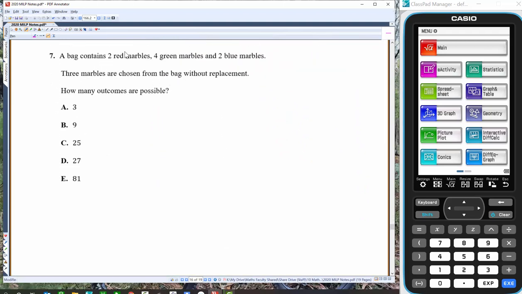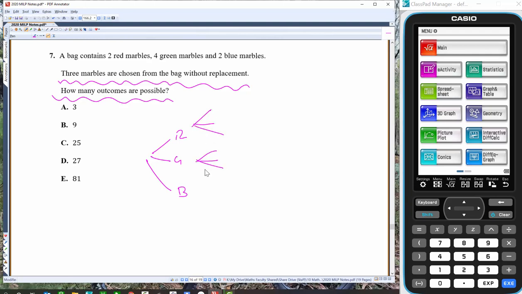Bag contains 2 red marbles, 4 green marbles, and 2 blue marbles. 3 marbles are chosen from the bag without replacement. How many outcomes are possible? All right, so what we can get is a red, green, and a blue. Red, green, blue, red, green, blue, red, green, blue.